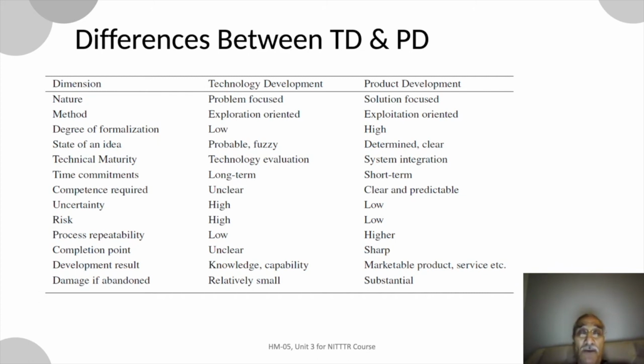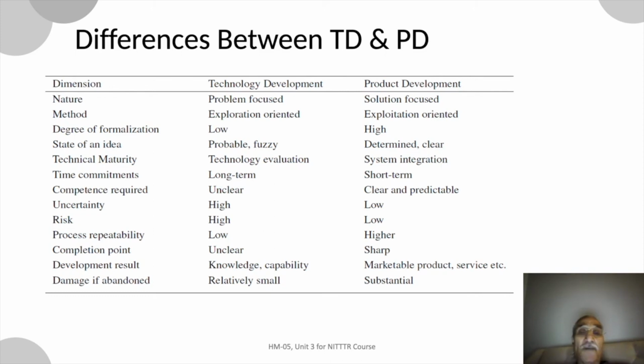So either using the internal assessment process or a joint assessment process will be important. So technology development formalism is low while product development formalism is high, because there we know whether we are meeting the standards of the product or not, and whether it's going to succeed in the marketplace or not.